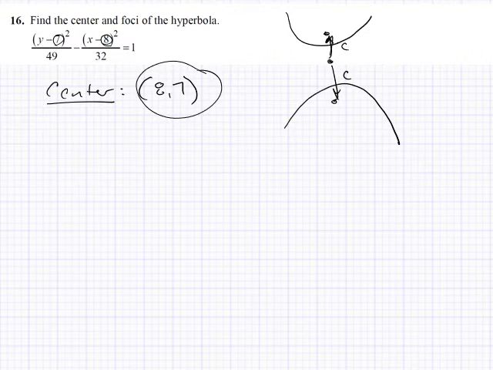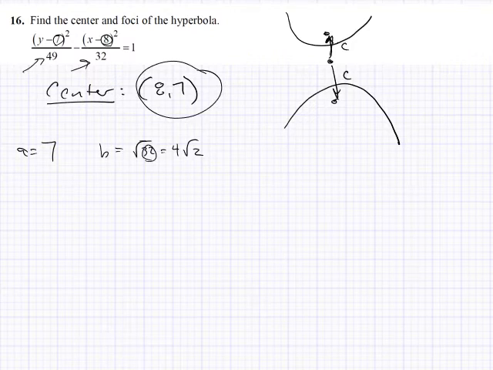So in this case, A is going to be your bigger value, and that would give me 7. And B would be the square root of 32, which would give me 4 times the square root of 2 if you wanted to simplify it, because this is 16 times 2.